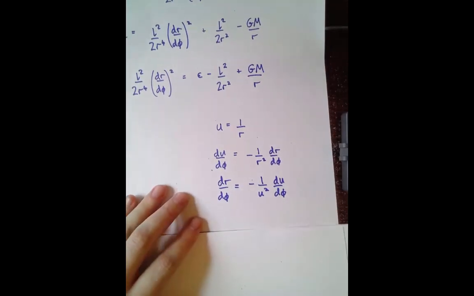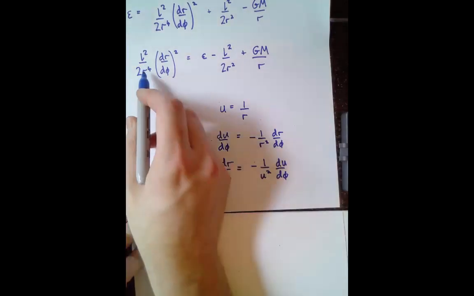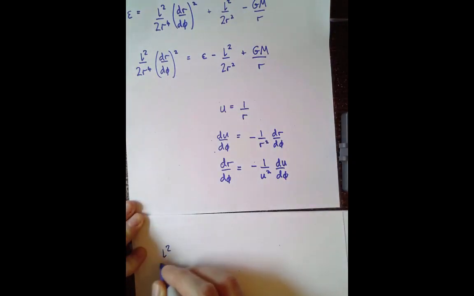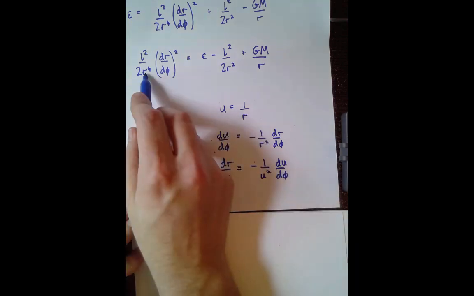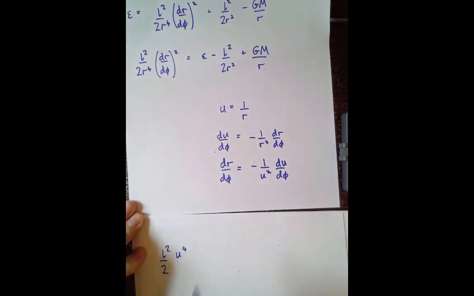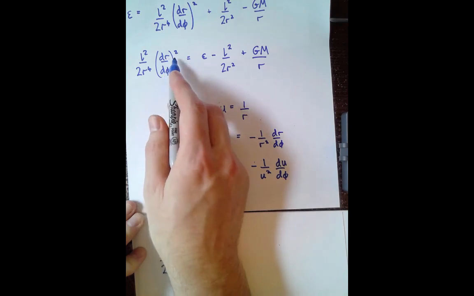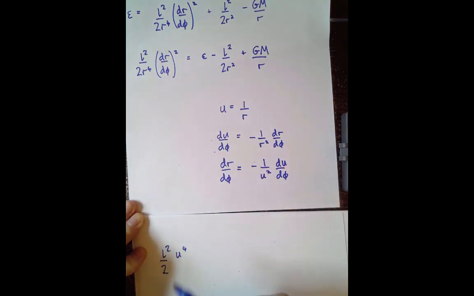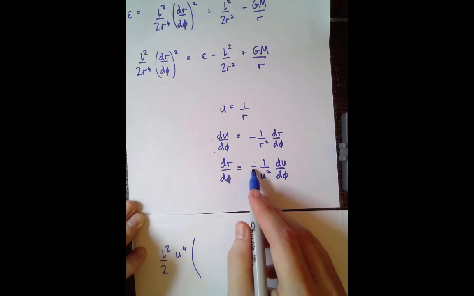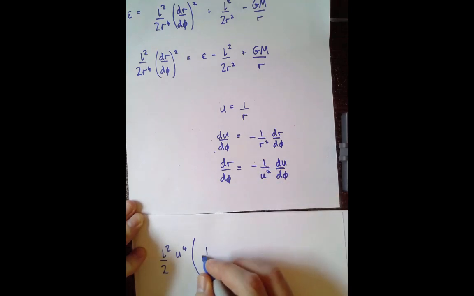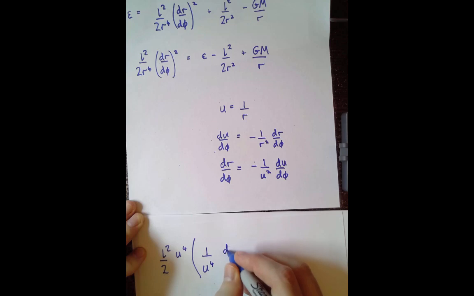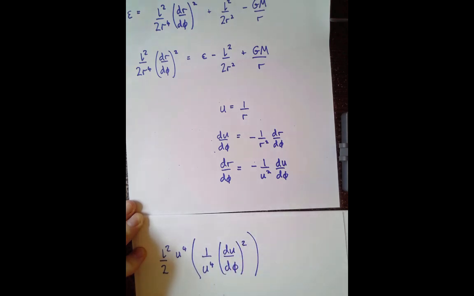Now let's substitute all our r's for u's. Firstly, we have l squared over 2r to the 4. That's l squared over 2 times u to the 4, since the r to the 4 becomes u to the 4 in the numerator. Then (dr/dphi) squared: the square gets rid of the minus sign, 1 over u squared becomes 1 over u to the 4, and du/dphi becomes (du/dphi) squared.